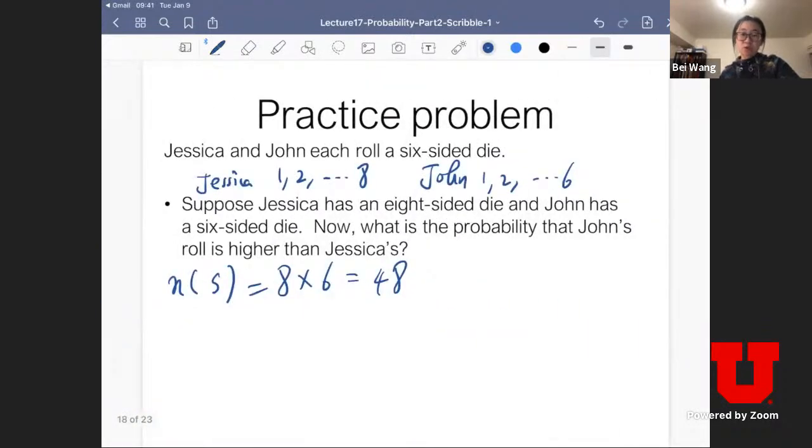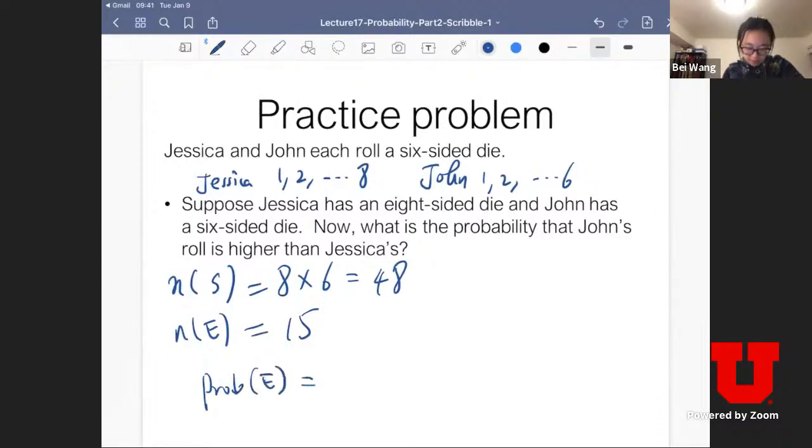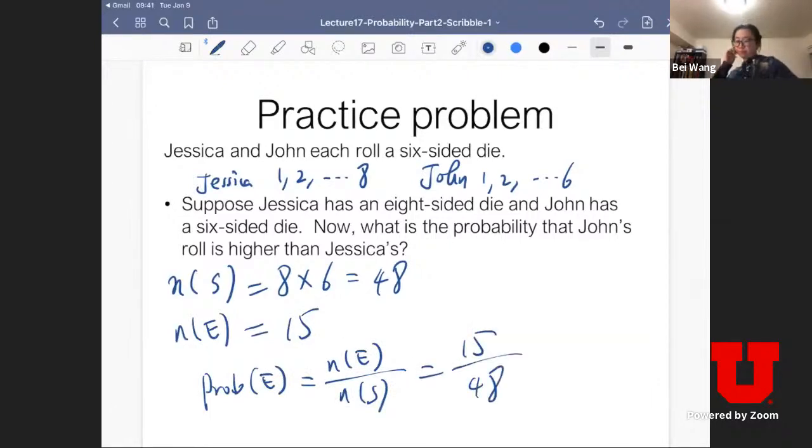It turns out that in this case, if I enumerate all possible cases, it's still 15. Because if Jessica chooses a number 7, there's no number John can choose that is higher. So the enumeration is exactly as before, and the number of successes is still 15. So the probability of my event is n of E over n of S, which is 15 over 48, which is 5 over 16.